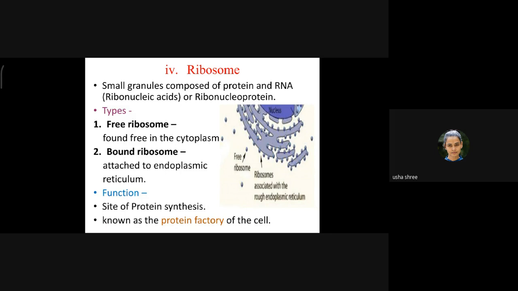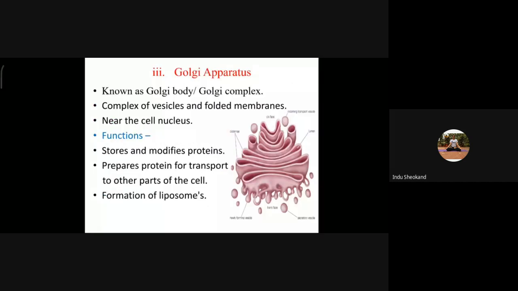And what was the energy factory of the cell? Can anyone answer me? Mitochondria. Very good. Mitochondria was the energy factory or powerhouse of the cell. And what is the protein factory of the cell? Ribosome.